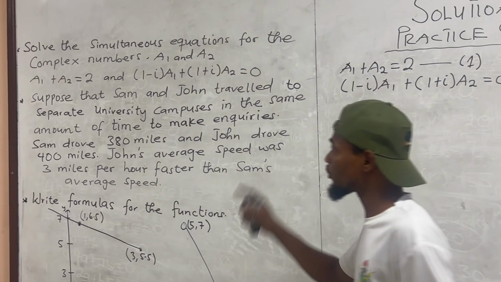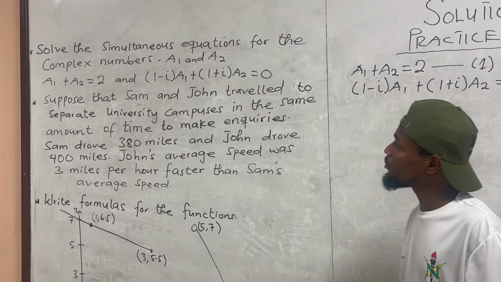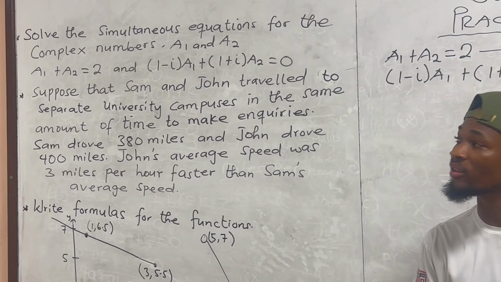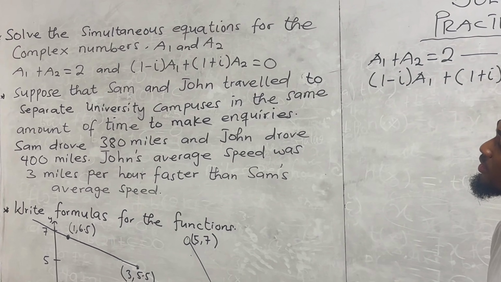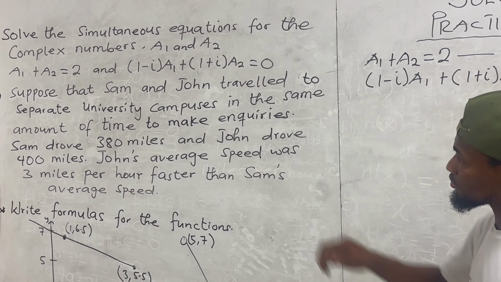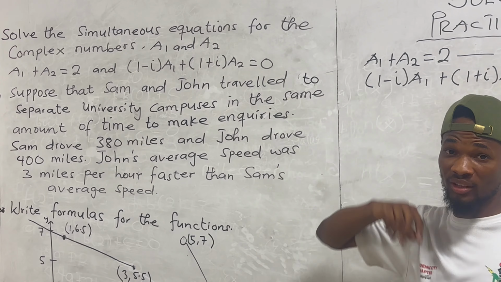Solve the simultaneous equations for the complex numbers a1 and a2, given that a1 plus a2 is equal to 2 and the other one is equal to 0.